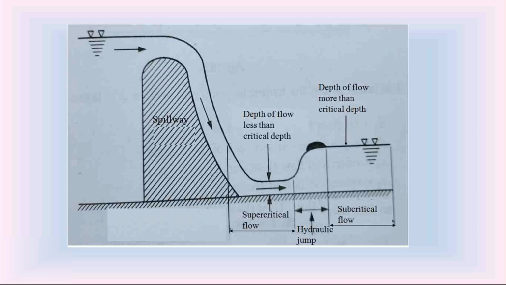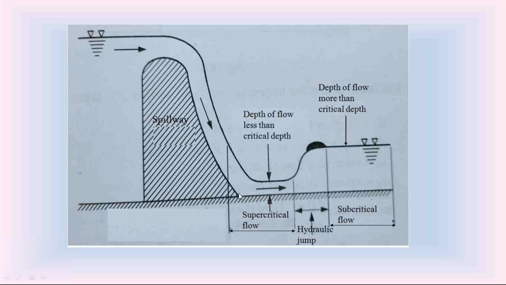So in this portion, just at the bottom of the spillway, the depth of this water flow is a lesser value. This depth of flow in this region is lesser than the critical depth. We know that when the depth of water flow is less than the critical depth, we call that flow the supercritical flow.